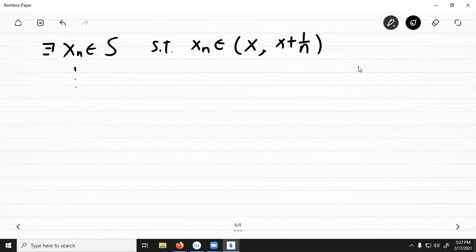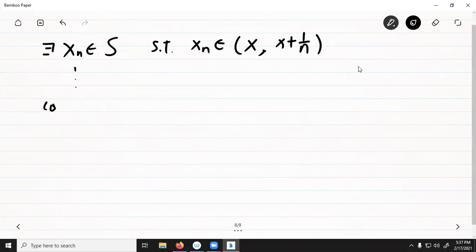So we pick X1 as a member in S such that X1 is inside X to X plus 1. We pick X2 in S such that X2 is in the interval X to X plus 1/2. Then we pick X3 in the interval X to X plus 1/3, X4 in the interval X to X plus 1/4, and so on. We pick Xn in the interval from X to X plus 1/n.